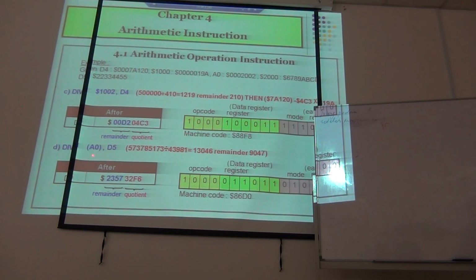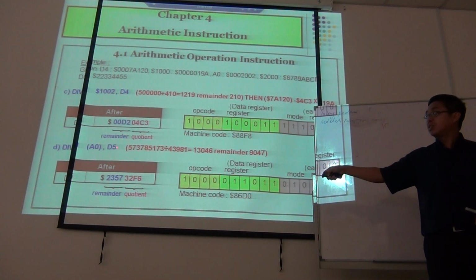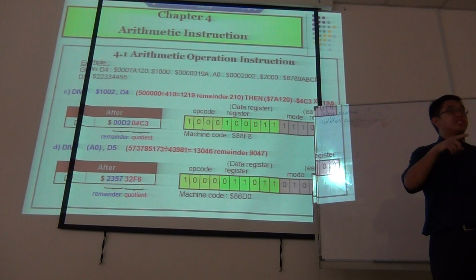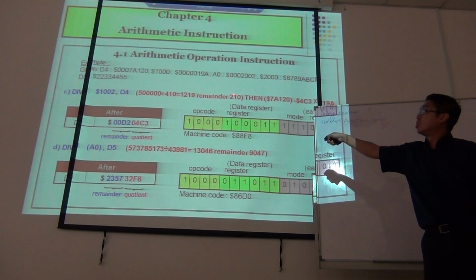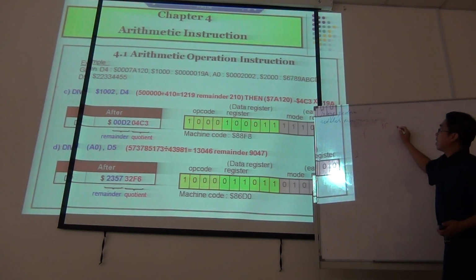Number D5. Okay, divide unsigned A0 in brackets D5. So you are going to divide this number by this one. Remember that the bracket on the address register means A0 is given this value, which is basically like this one: $00002002.